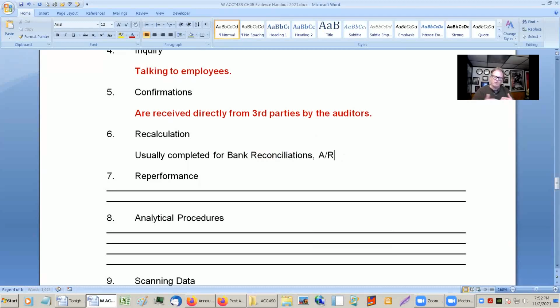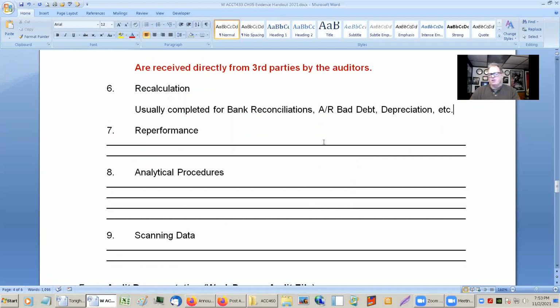They'll say, okay, we assume that this many people won't pay. They'll show you how they came up with it. Depreciation. It could be a number of them, but these are the ones that are usually common to recalculate. The reason is that they have big ramifications.